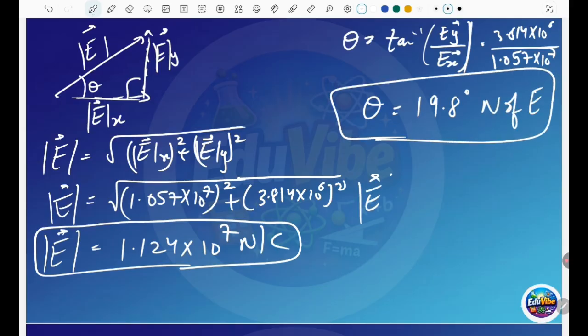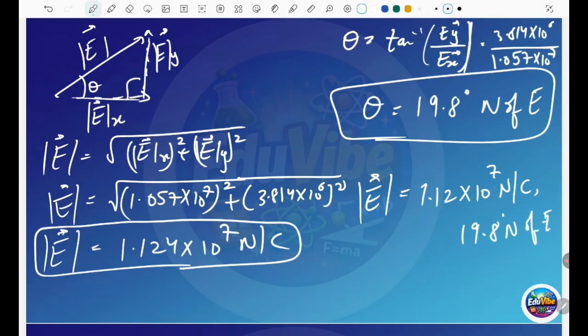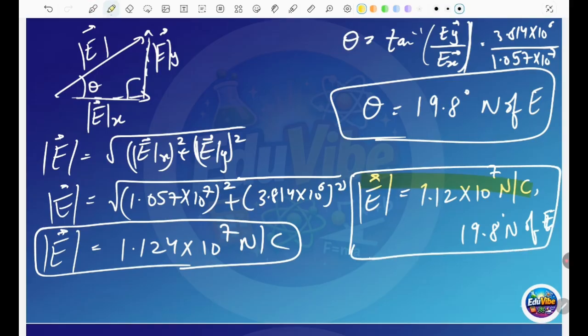So you get 1.12 into 10 raised to power 7 Newton per coulomb, and you have 19.8 degrees north of east. So this is your answer for your actual question.